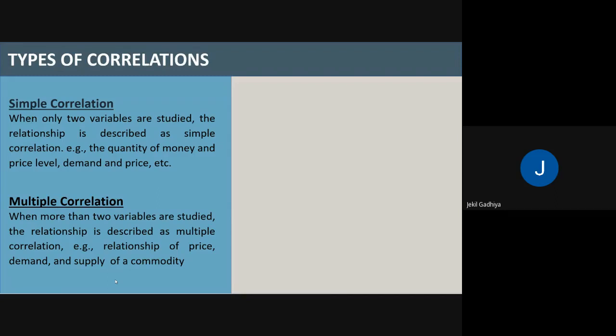And what is an example of multiple correlation? You have to connect more than two variables, right? Anyone?